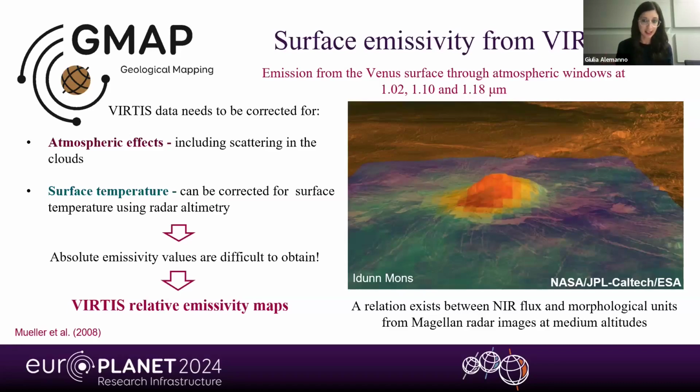You see in red the areas where you have high emissivity anomalies, and in blue where you have low emissivity anomalies. And you see how these emissivity data follow the morphological trend, the topographic trend.